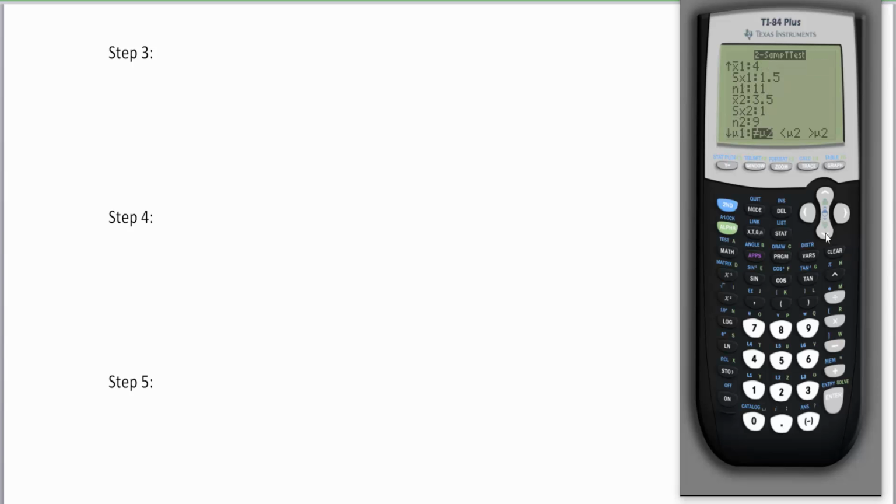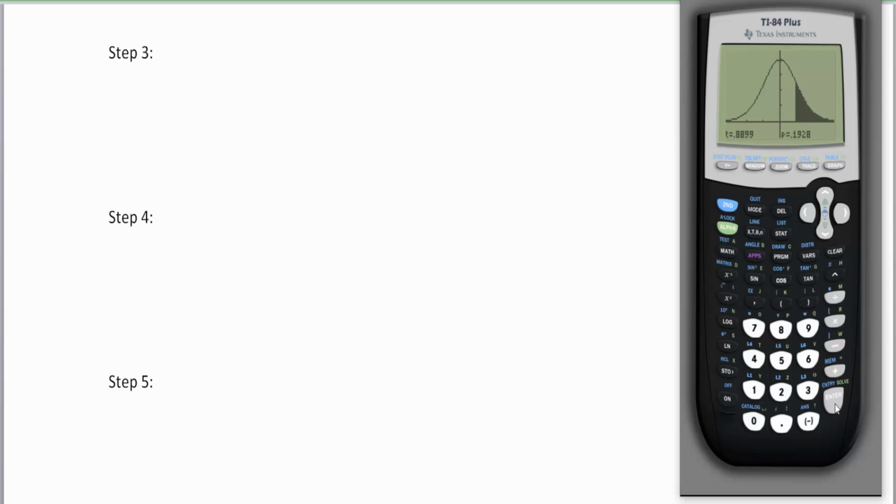Okay, then we move on to what kind of test was it? And from the problem, it was greater than, because our mu sub 1 in front of the colon is greater than mu sub 2. Okay, or mu sub A in this case is greater than mu sub B. So we click enter on that. We're not pooling our data, and I'd like to go to draw just because this does what we need it to do. It gives us our test value, it will give us our p-value, and oh look, a wonderful picture to draw.